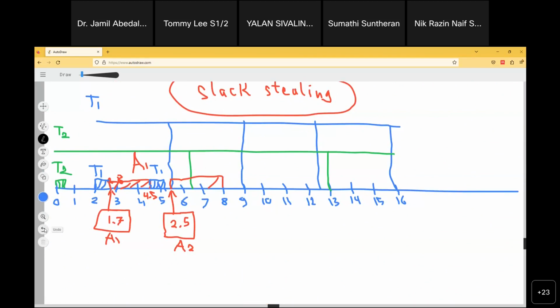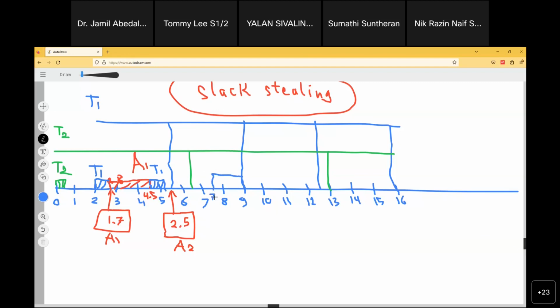What we will do in this case, to avoid any missed deadline, is execute task 1 first, from the end. That means from 9 to 8, 1 unit, and we have another half unit until 7.5.